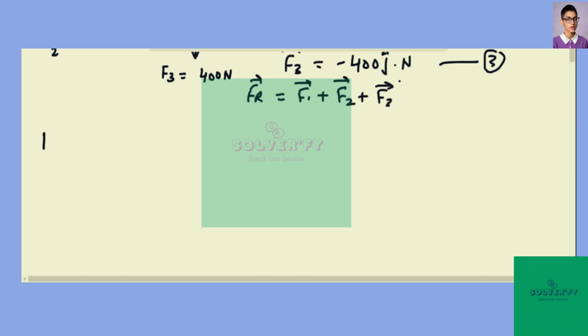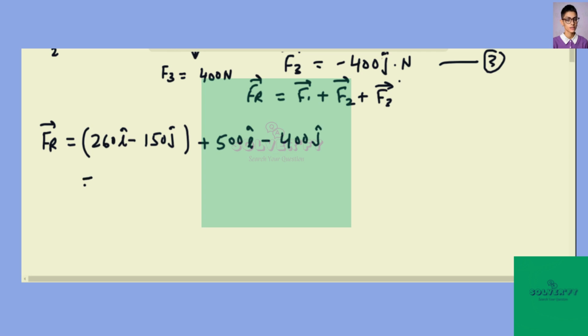The resultant force is F1, which is 260 i cap minus 150 Newton j cap, plus F2, 500 i cap, and F3 is minus 400 j cap Newton.